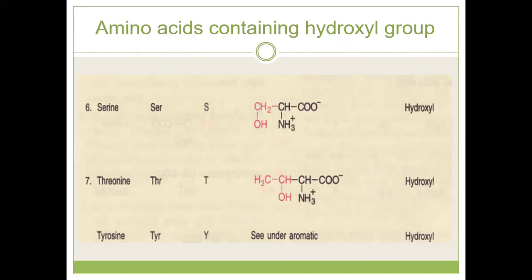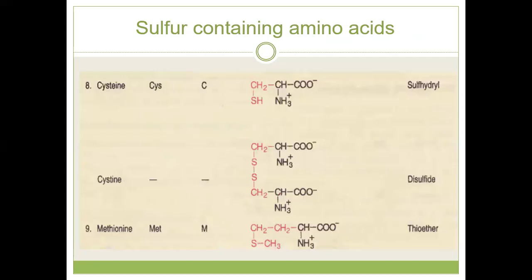So it can be under amino acid with hydroxyl group or also amino acid with an aromatic ring. That is why here the structure wasn't depicted. You see it better. Now, the next class is sulfur-containing amino acids. In sulfur-containing amino acids, we have the R group containing sulfur atom.